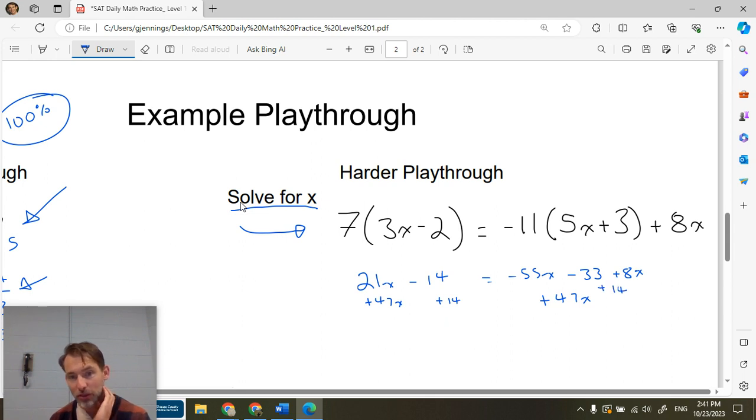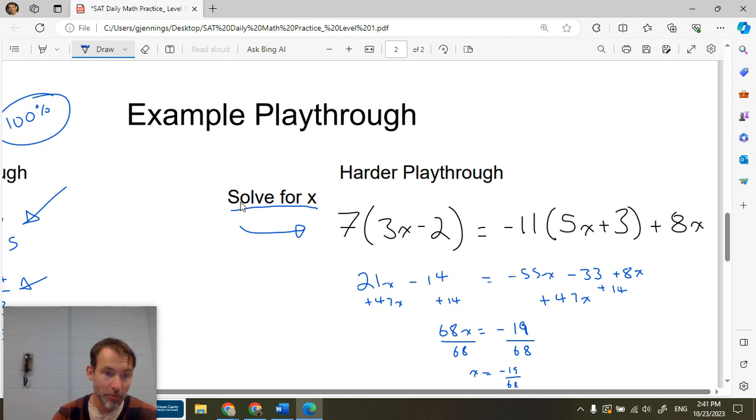That's going to create a situation like this: 68x is equal to negative 33 plus 14. That's going to be negative 19. And 19 and 68 don't happen to share factors, unfortunately. So my answer is just going to be negative 19 over 68. And that's such a janky number, you'll never see that on the SAT. So I'm done. x equals negative 19 over 68. But I get some practice.